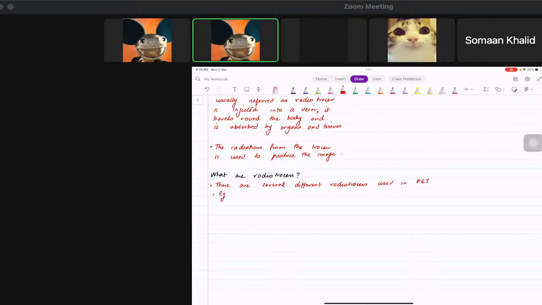For example, glucose based molecule onto which a nuclide fluorine 18, right, is attached.